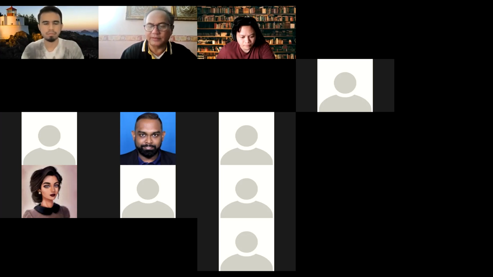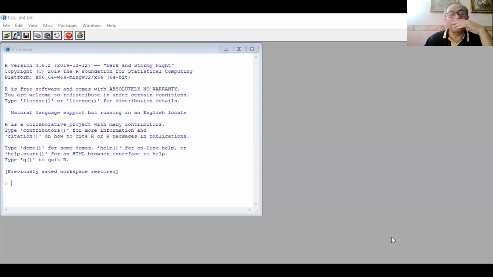And then I'll share my screen. Okay. That is my R. I have put up my R. If you have installed your R, there are some base. I think I'll share my slide first. I have a slide for R. Where is it?